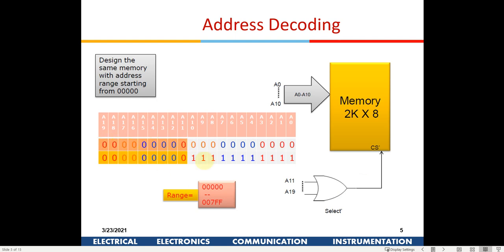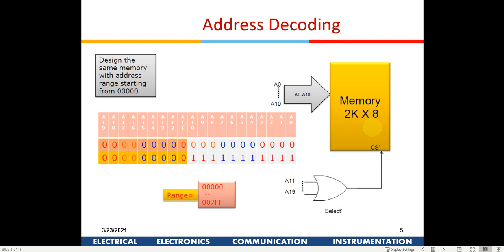If all are zeros out here, only then the chip is selected. If there is any one here, it will not get selected. So this is how we implement it. This is another option of implementing the same thing, connecting a 2K memory to 8086.